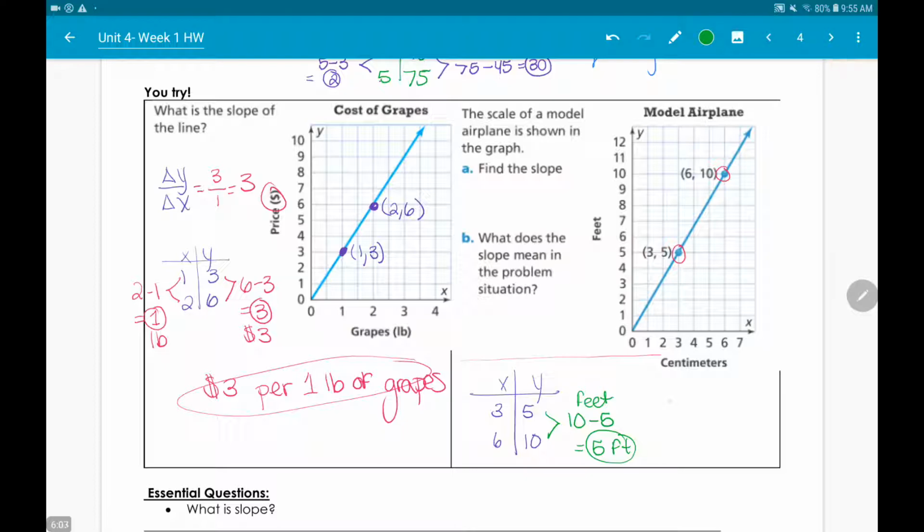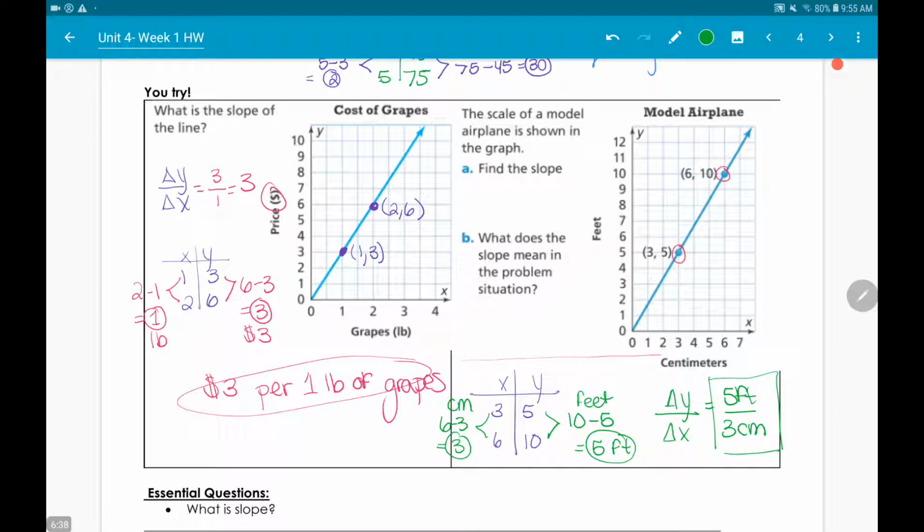That's my change in y. Divided by my change in x, which equals 3. And here we're talking about centimeters. Now, if I try to divide 5 divided by 3, that's not going to work. I mean, it works, but I'm going to get a really crazy decimal, which is called an irrational number, and I don't want that in this case. It's nicer if I leave it like this fraction.